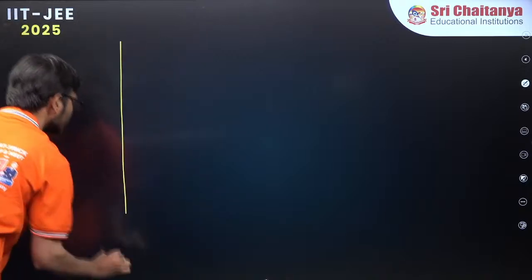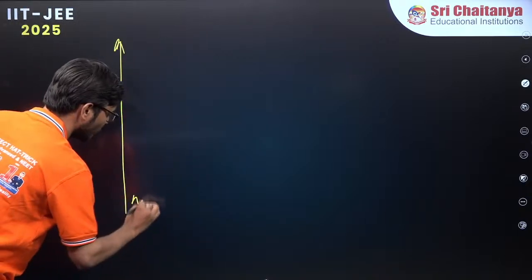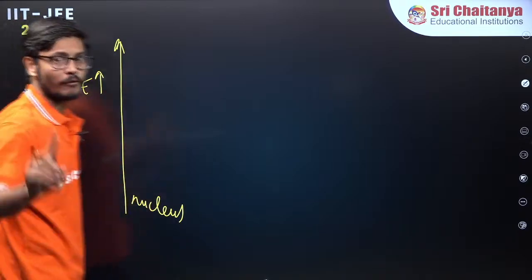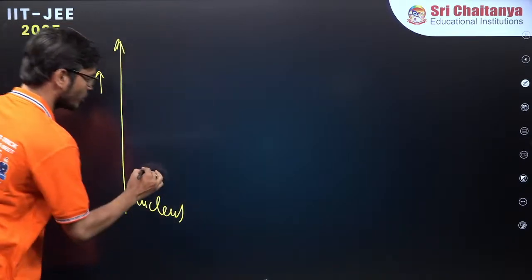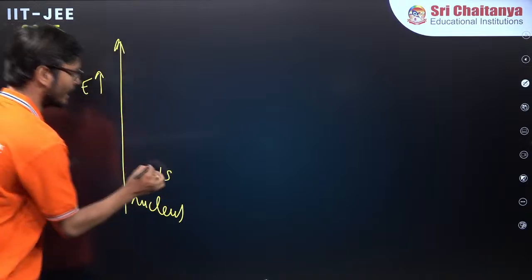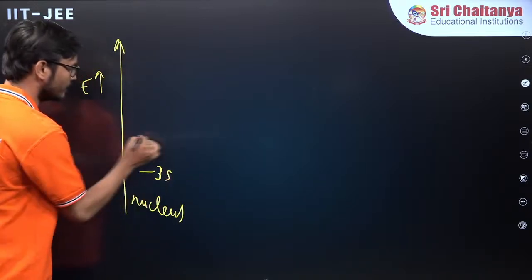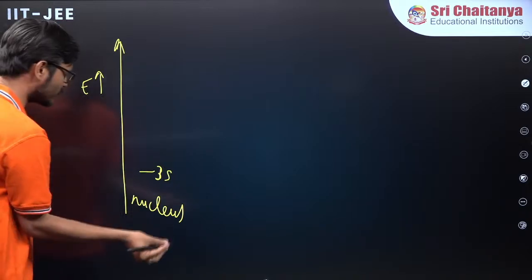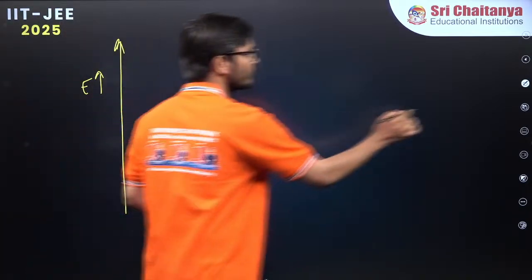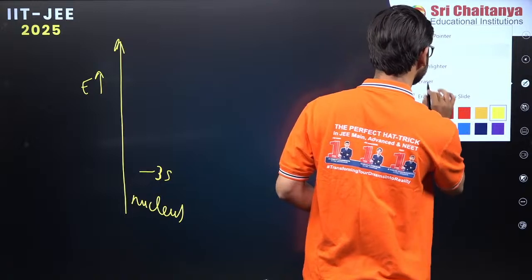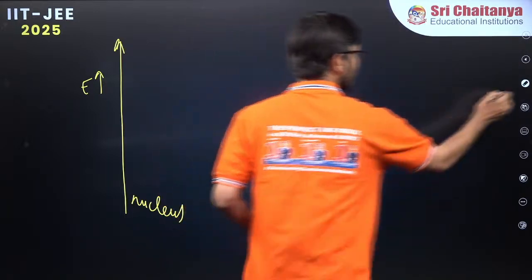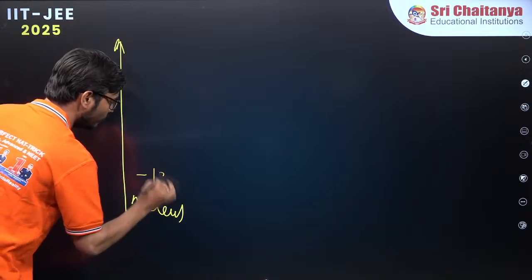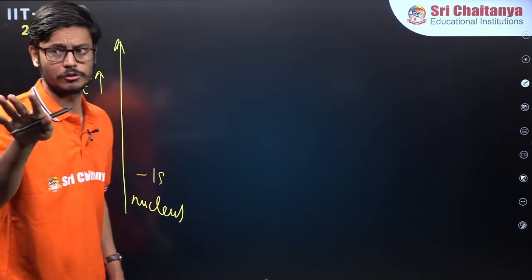Look at this. This is the nucleus. As we go away from the nucleus, energy increases. If you start from the ground state, first orbit, n is equal to 1: in n equal to 1, l is equal to 0, only 1s.